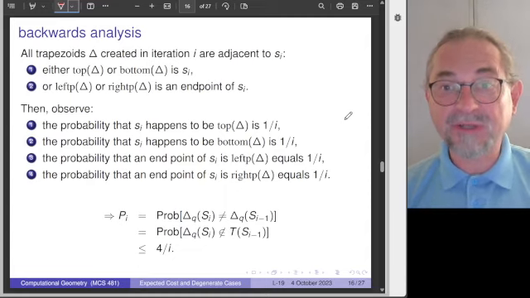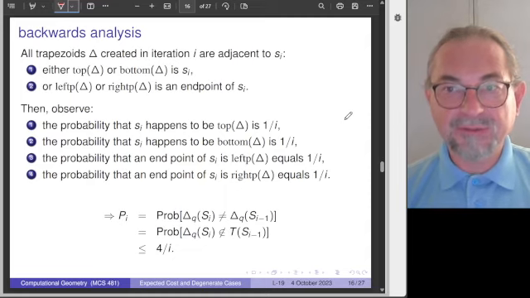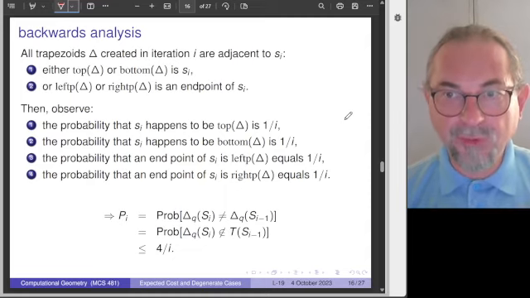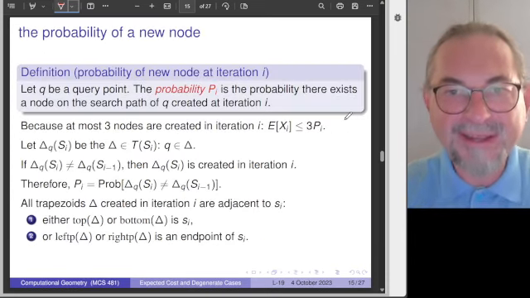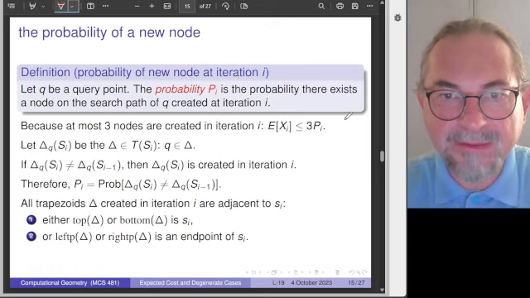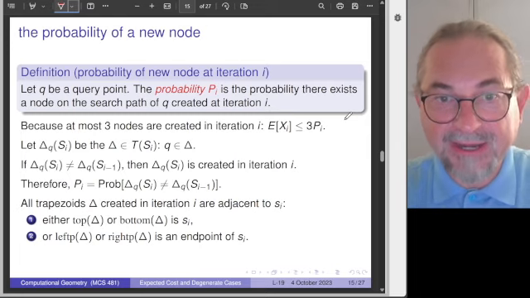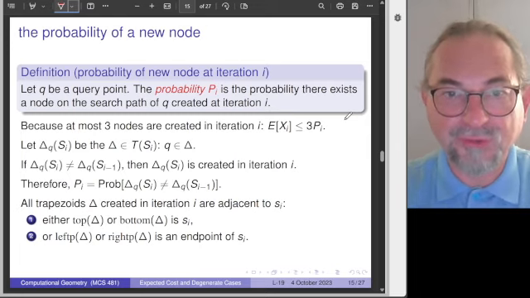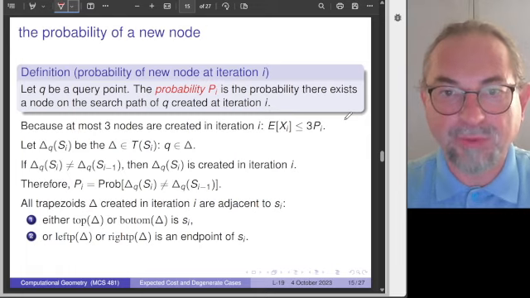So this gives us the formula for the probability that we have a new trapezoid. So again, I should probably say here this is p_i. This is the probability that we actually have a node on the search path created with the query point at the ith iteration.